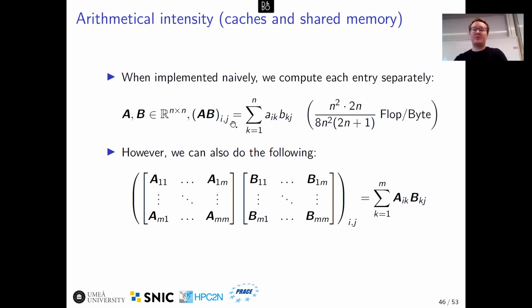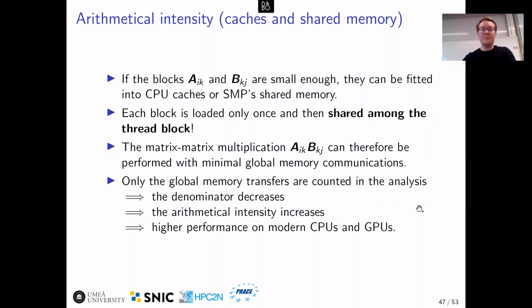It is just that this function works in a scalar manner, we are multiplying scalars, and this works in a blocked manner, we are multiplying matrices together. The neat trick here is that as long as we make the matrices A_IK and B_KJ small enough, we can actually fit them inside the CPU cache or the shared memory in SMP.